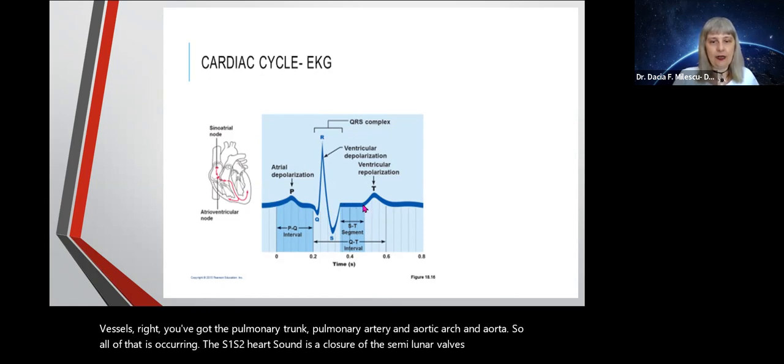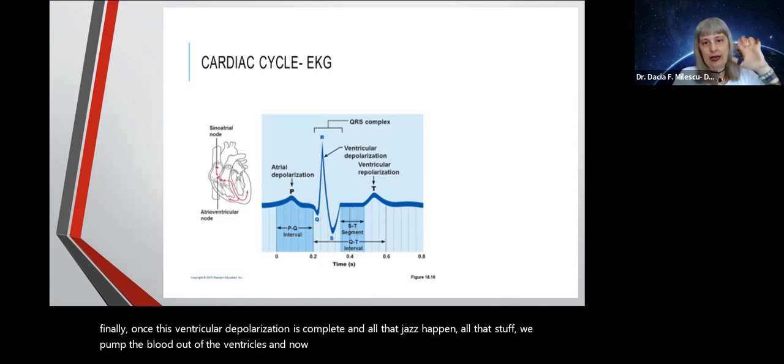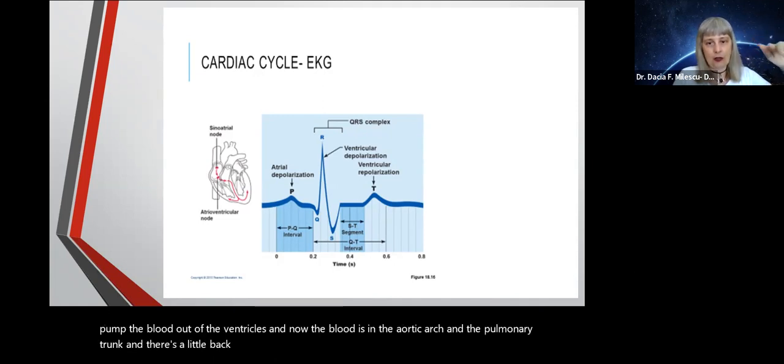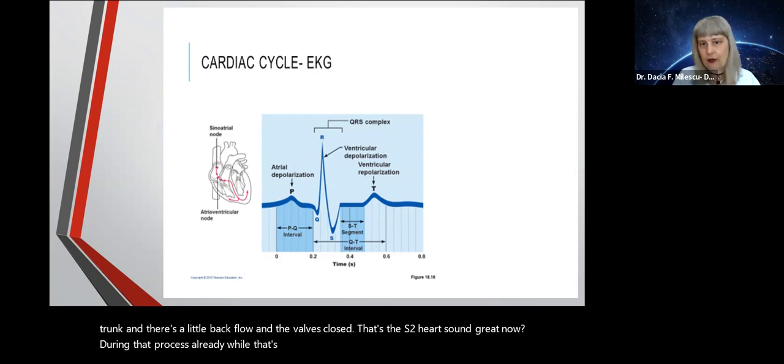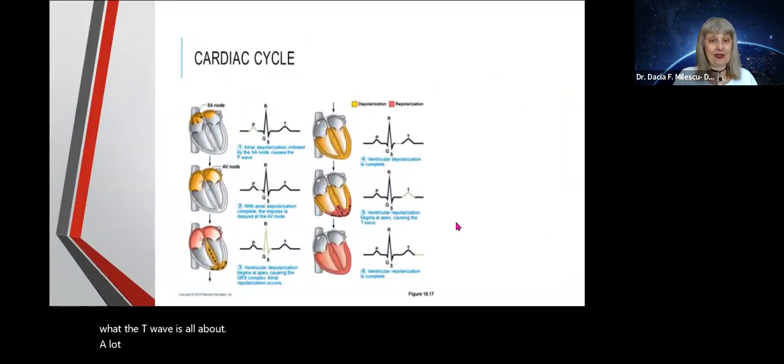Once the blood is pumped out of the ventricles, there's a little backflow and the valves close. That's the S2 heart sound. Great. Now what? Well, during that process, the ventricles are repolarizing, and that's what the T wave is all about. A lot happening simultaneously.